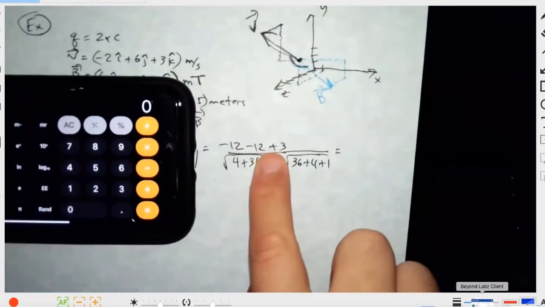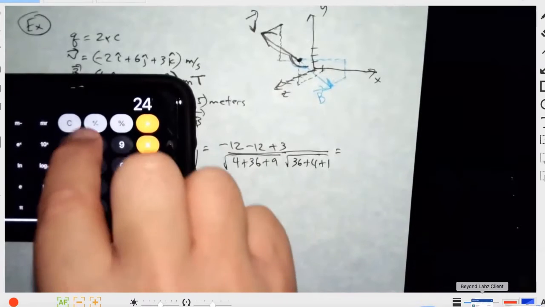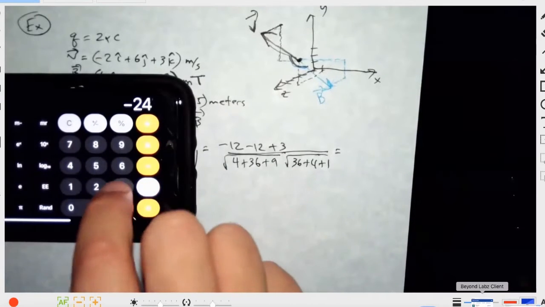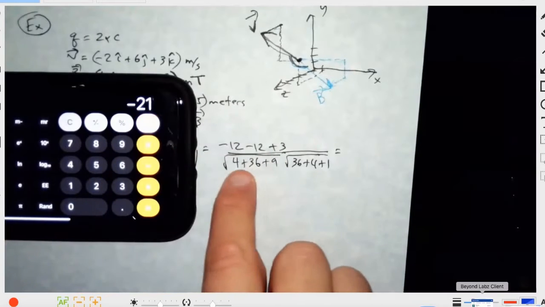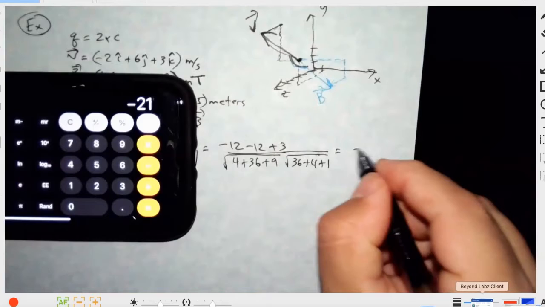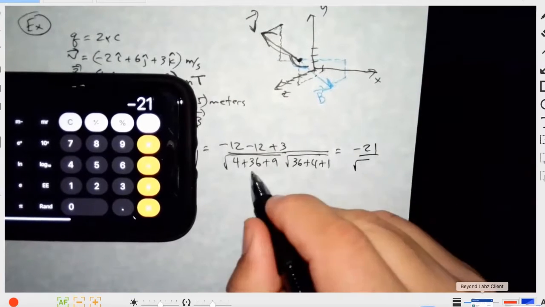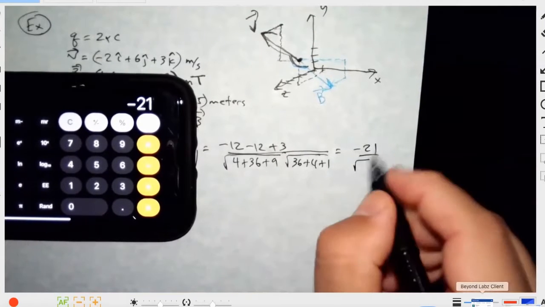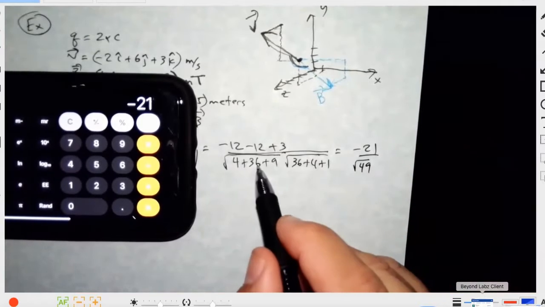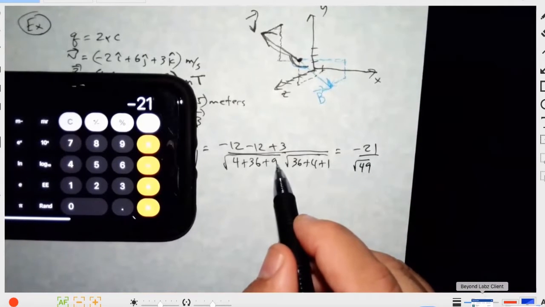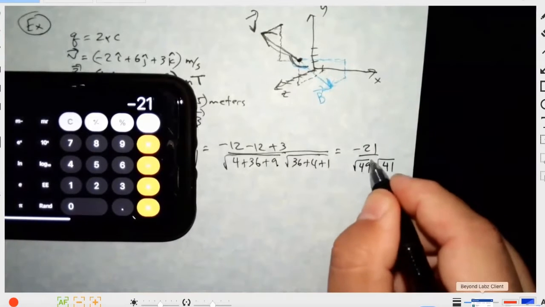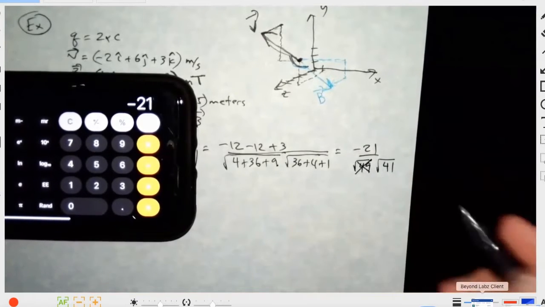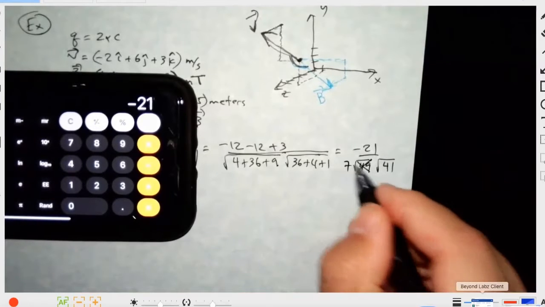So this is going to be negative 24 plus 3 is negative 21, divided by square root of 49. Oh, this square root of 49 is actually 7. That's good.